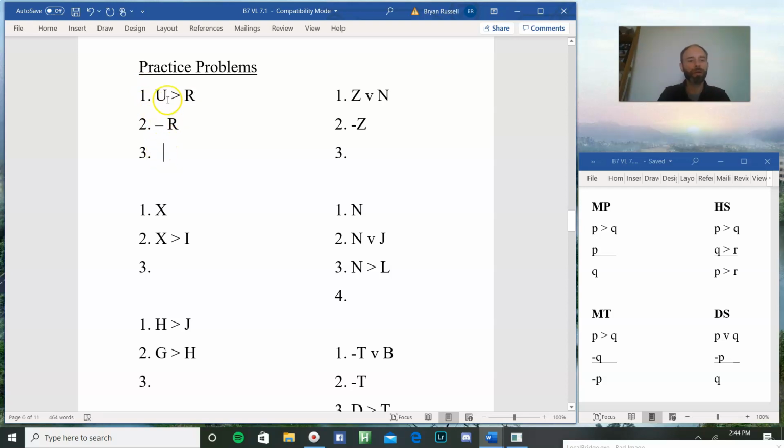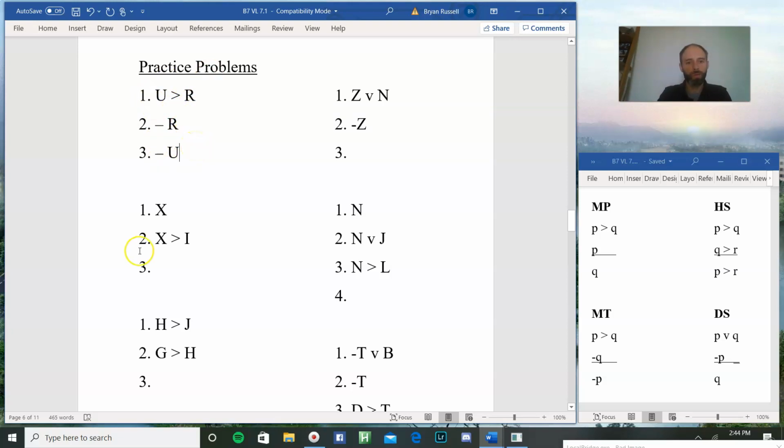The antecedent here is U. So what can we get? We can get not U. If we know if U, then R, and we know tilde R, so not R, then we also know tilde U.